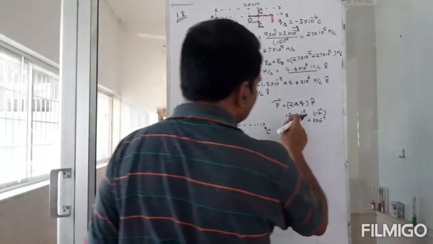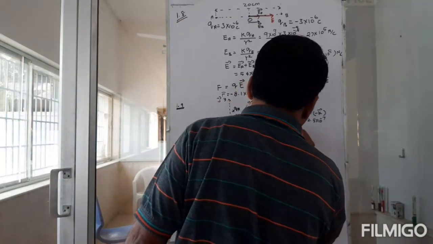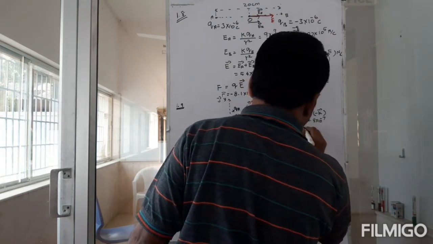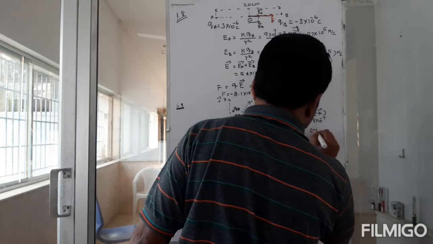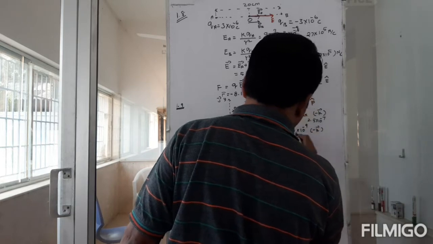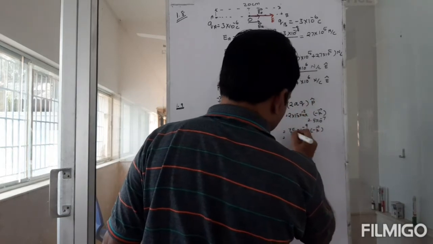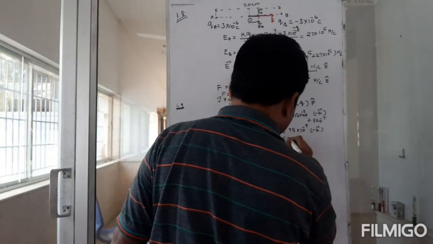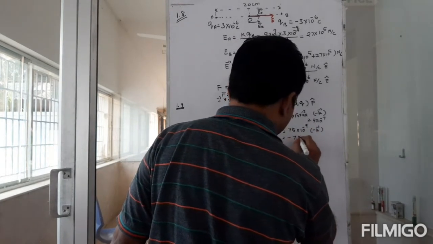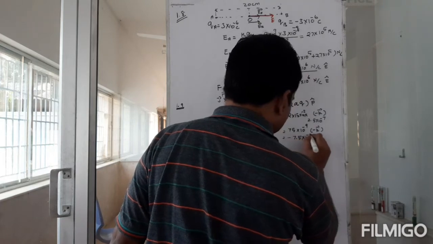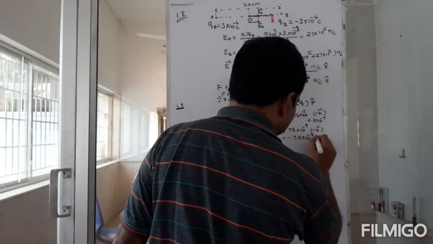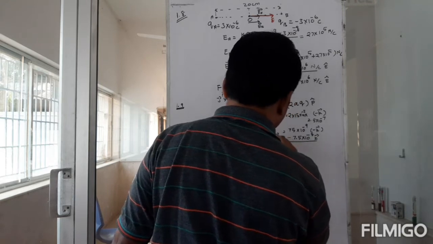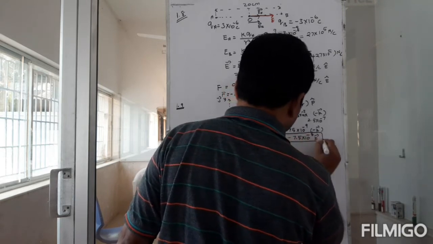So 75 into 10 power minus 9, in the minus k direction. I can convert this and make it minus 7.5 into 10 power minus 8 k. That's my dipole moment.